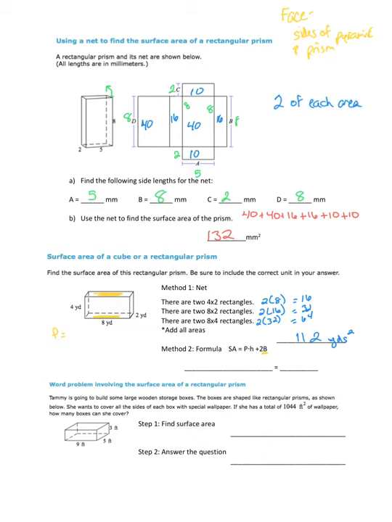My bases are 8 by 2. I have chosen those sides as my bases. So the perimeter is 2 times 8 plus 2, because it's 8 plus 8 plus 2 plus 2. 2 times 10 equals 20.